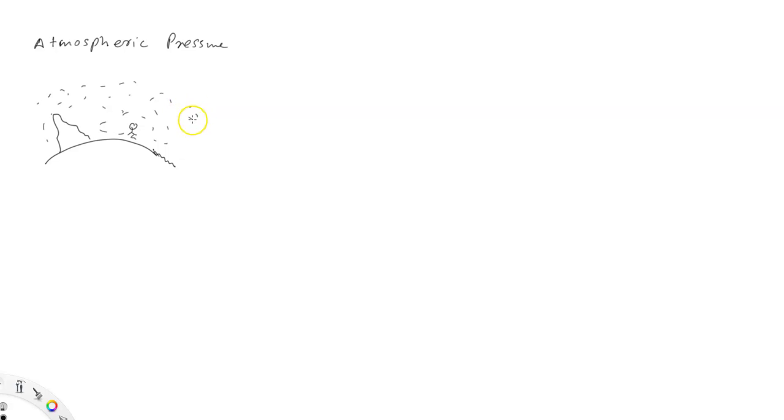So depending on how much atmosphere is above you, the length of the atmosphere, it creates pressure. For above the person, we have a column of atmosphere about this tall. At the top of the mountain, there's a shorter column of atmosphere. At sea level, you have the highest amount of atmosphere above you.